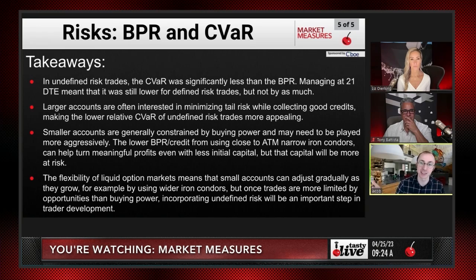They didn't lose their full loss when they lost, even 5% of the time, but they lost much of it, 70, 80, 90% of their buying power could be lost on a bad loser. Whereas in the undefined risk trades, the bad losers managed at 21 days pretty much never lost their full buying power reduction. I think it was like twice in the whole data set.